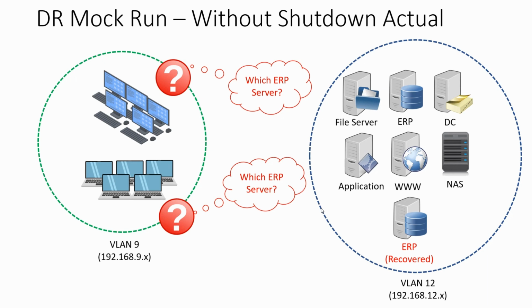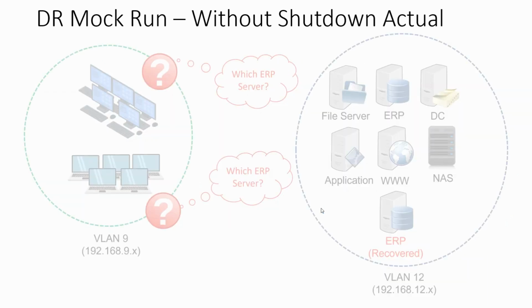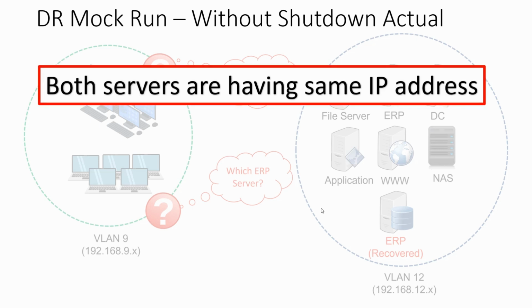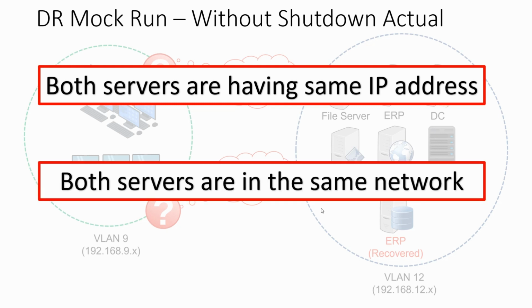Neither in mock run nor actual recovery can we recover the Epico ERP server without shutting down the production Epico ERP server. The reason is that both servers, production and recovered Epico ERP servers, have the same IP address and are in the same network. Take the example of a car.